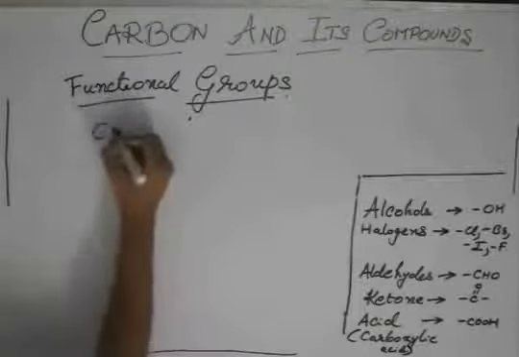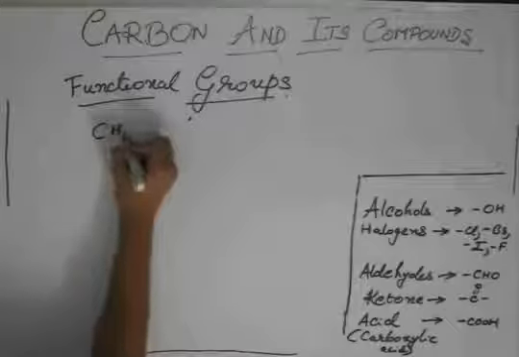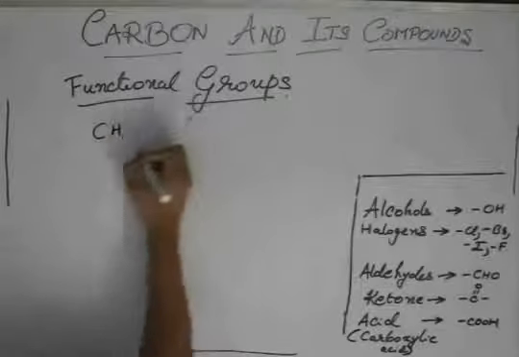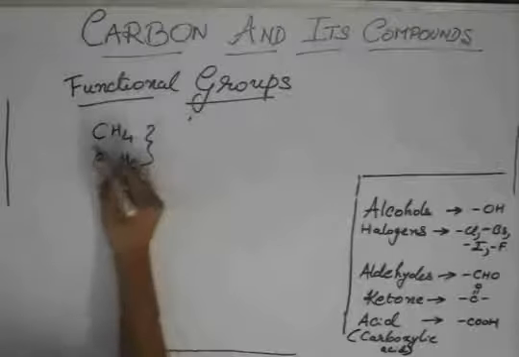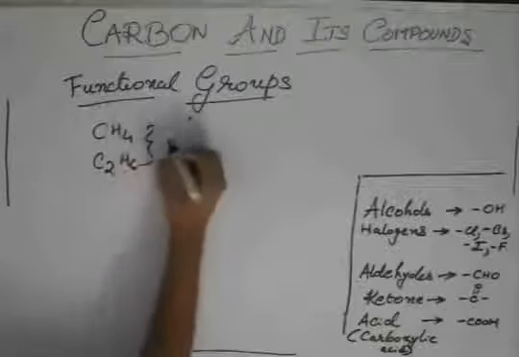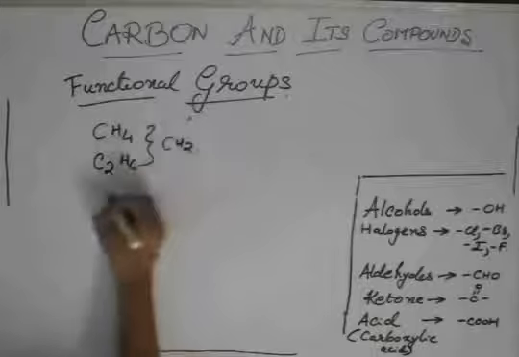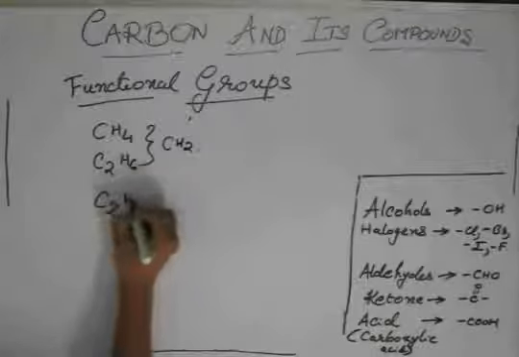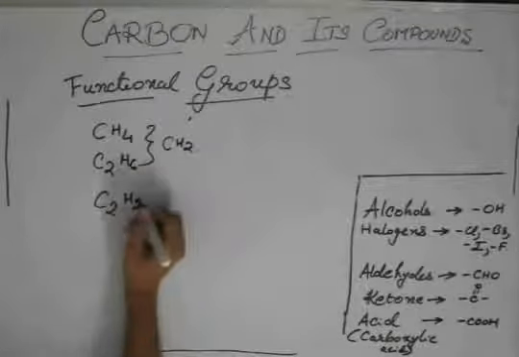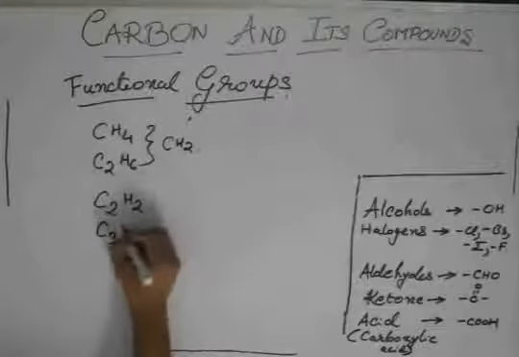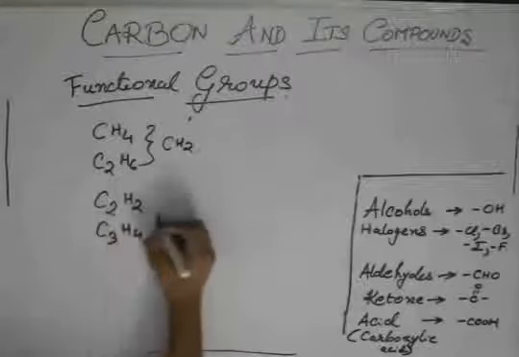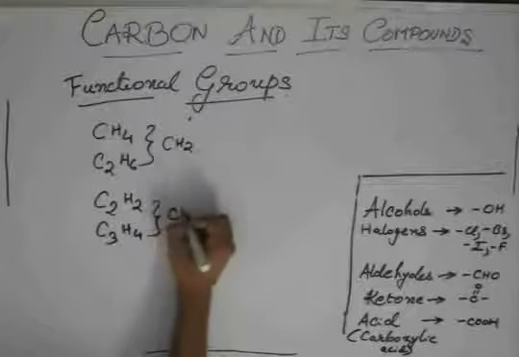You see CH4, which is methane, and C2H6, which is ethane, they'll also differ by one carbon, two hydrogen. C2H2, which is ethyne, and C3H4 will also differ by CH2.